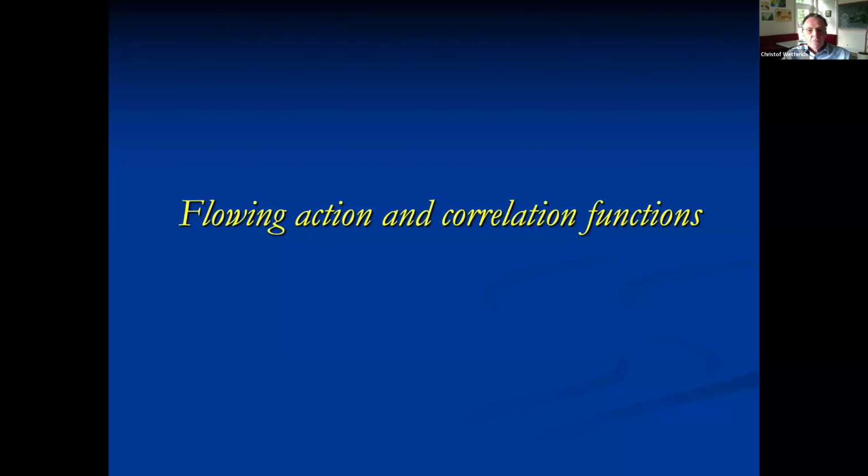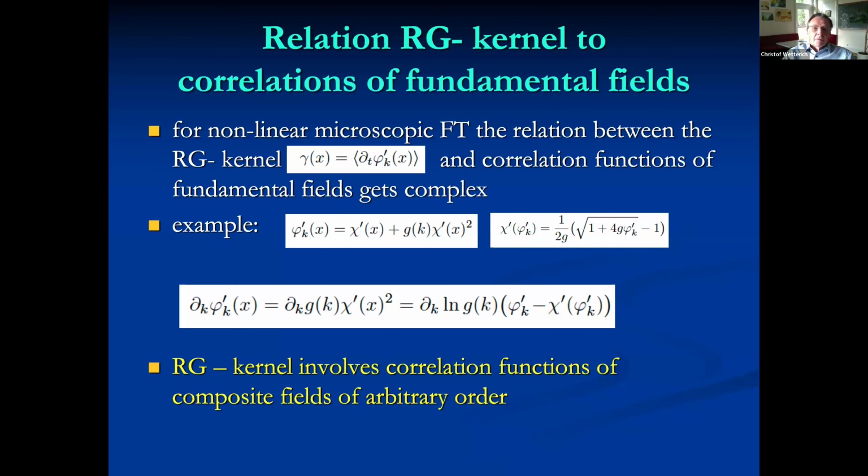Now let me come to this importance of keeping control of correlation functions. Let me first go again to the microscopic field transformations and study a bit more the relation of this RG kernel to the correlation functions of fields.